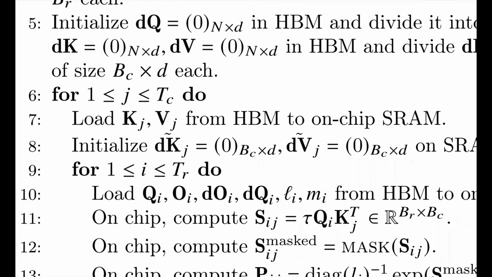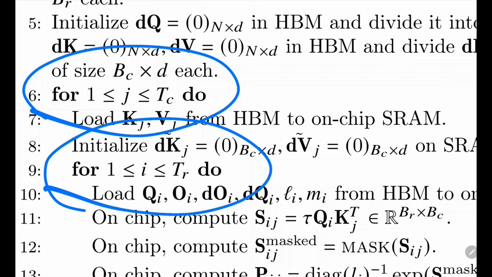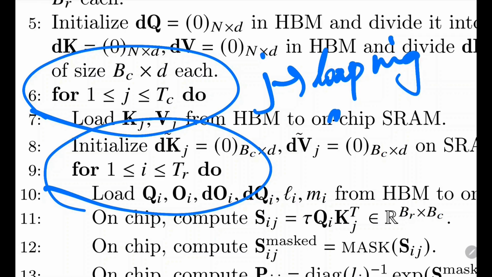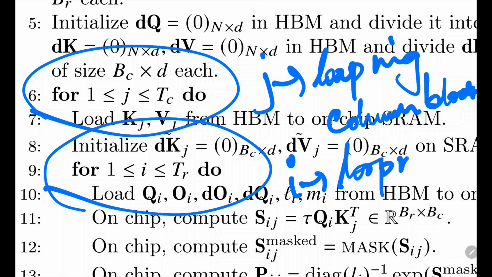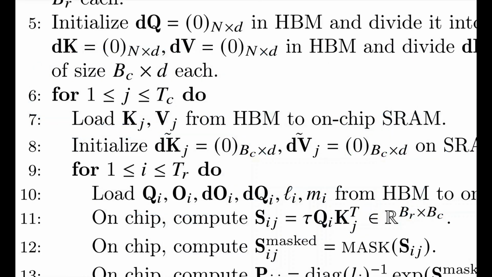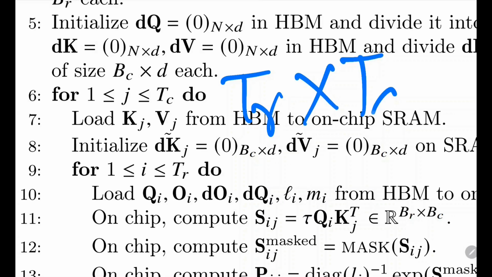Similar to how we had seen in the forward pass, there is this overall nested loop structure. J means looping over column blocks and I means looping over row blocks. So this double loop processes TR into TC block pairs.